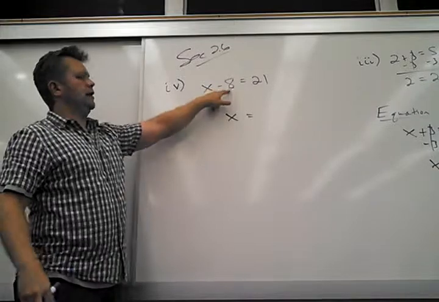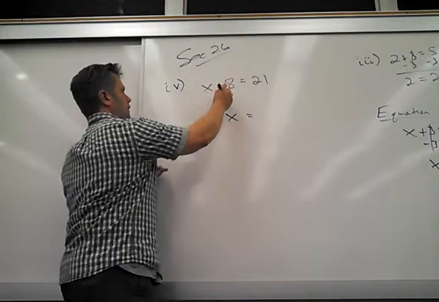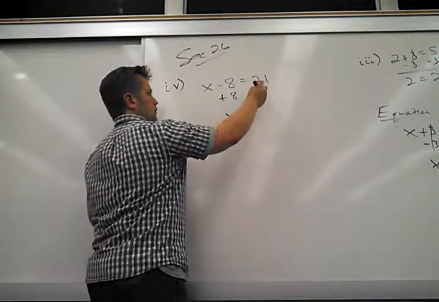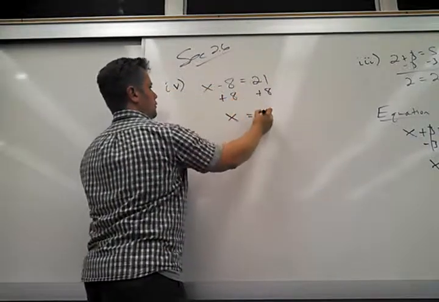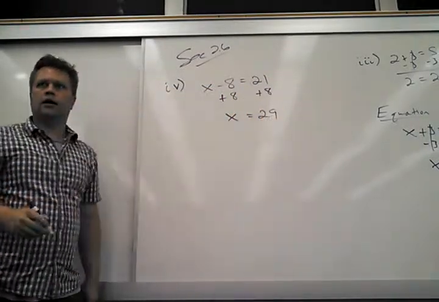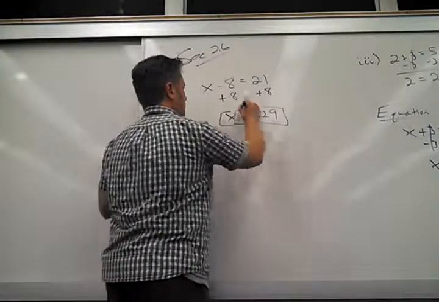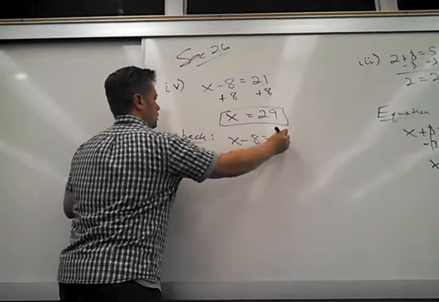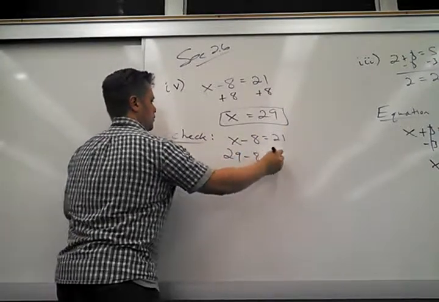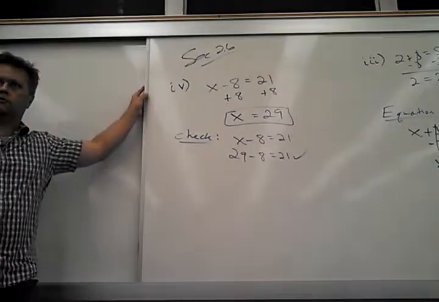If I'm subtracting 8, I better add 8. So if I add 8 to that side, I better add 8 to that side. So then I get x equals 29. How do I check that? Plug it in. 29 minus 8. Check. That works. All right.